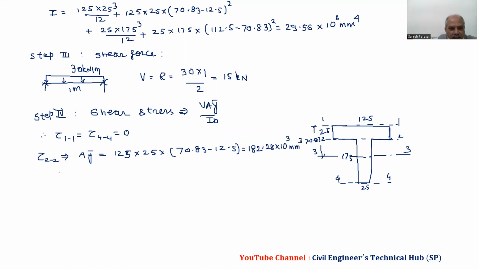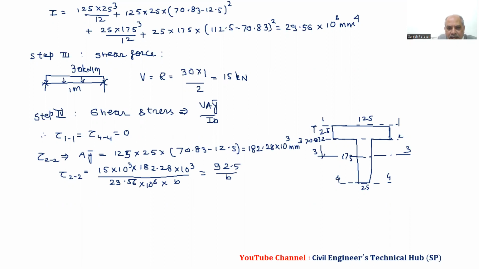And therefore we get tau 2 2 as 15 into 10 raised to 3, A Y bar 182.28 into 10 raised to 3, I 29.56 into 10 raised to 6, into B. And from this we get this value, that is 92.5 upon B.